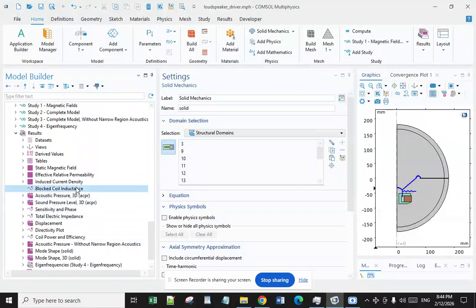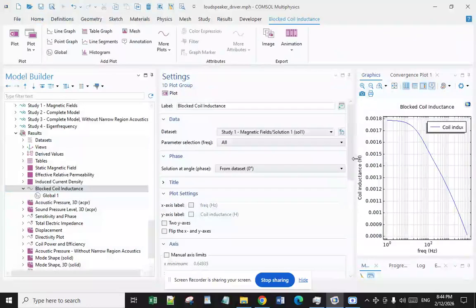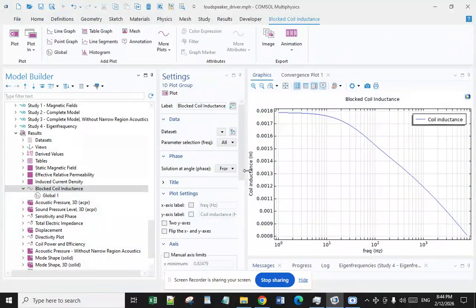After all, I want to show the blocked coil inductance. The horizontal X axis is based on frequency in hertz, and the Y axis is based on coil inductance in henry, because it relates to induction.